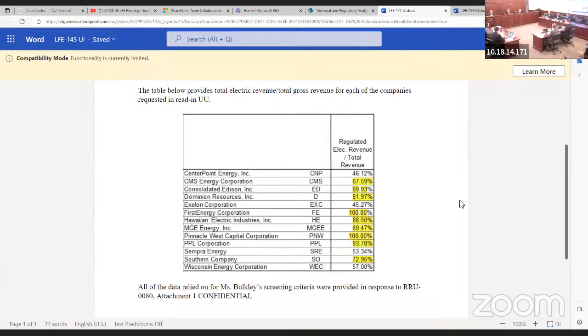No, so it's operating income to total operating income, not to total revenue. I'm sorry, yeah, you're correct. I was using the wrong term. And I do use operating income. I do not use revenue across the country.